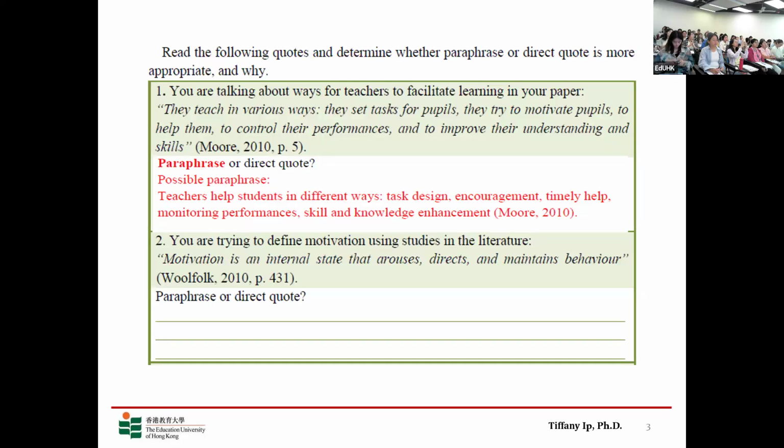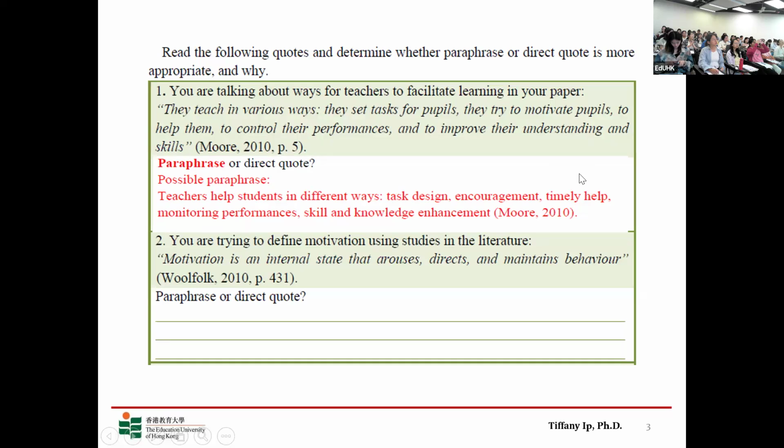And then one way of doing this is to change the sentences because they always start with they do something, they do something. Change it to a noun form. Right? And then this is a possible way, like set tasks for students becomes task design, try to motivate pupils becomes encouragement. Then you must ensure you are using nouns consistently, right?